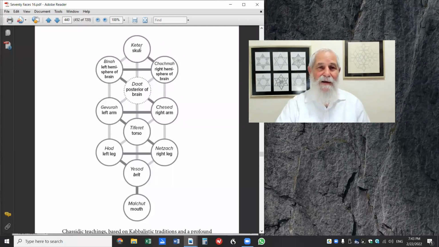But here we see that when we talk about being in the image of God, we know that doesn't mean physically, because of course God has no physical form whatsoever. Nonetheless, we are taught in Kabbalah that the human body is not, let's say, by coincidence.